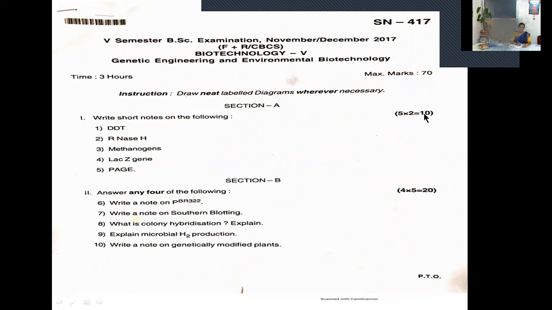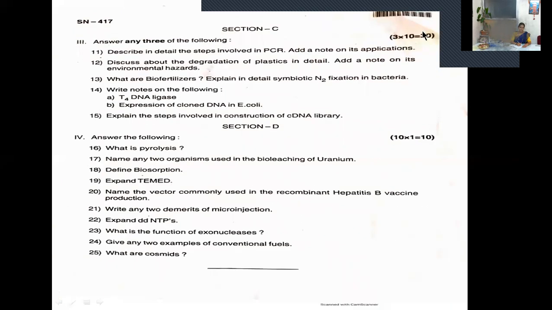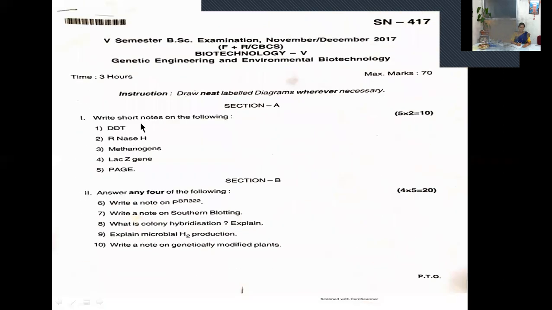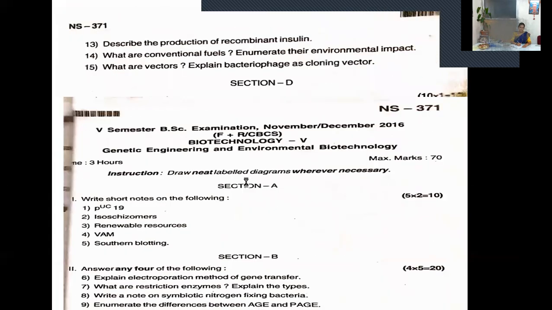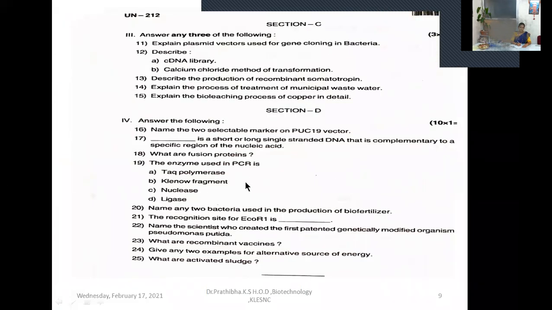So total 60. Okay, there's 70 marks. So this is the model question paper: 10 marks, 20 marks, 30 marks, and then 30 marks, and then 10 marks. So total for 70 marks, you're writing your paper.